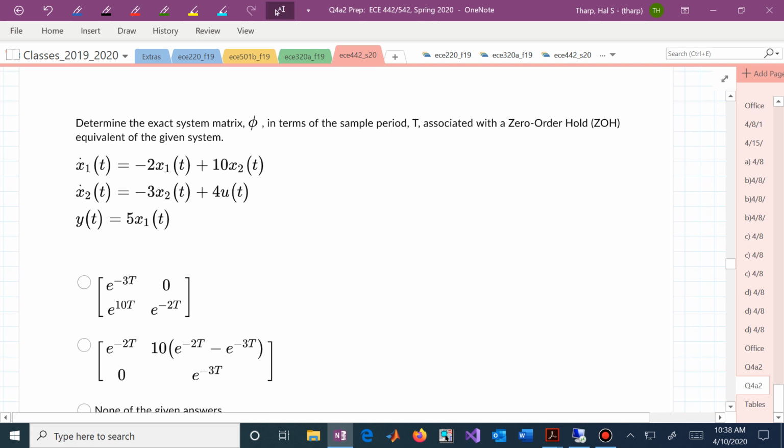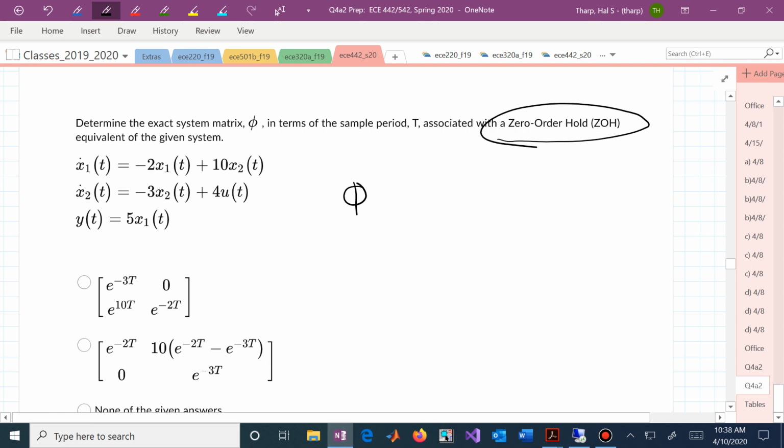The next question on our list of quiz questions is determine the exact system matrix phi in terms of the sample period T associated with a zero order hold equivalent of the system.